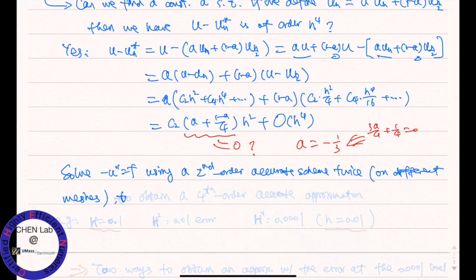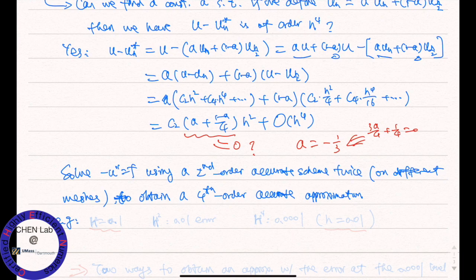If you solve this twice, and you're smart, you can put the appropriate linear combination together and obtain a fourth order accurate approximation. This is actually very nice.